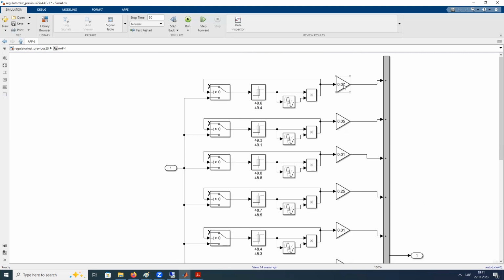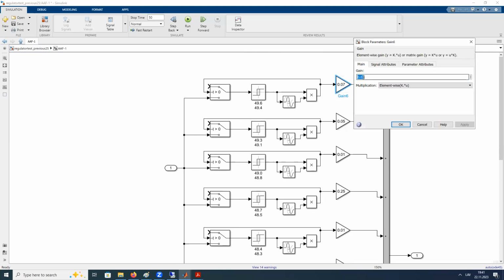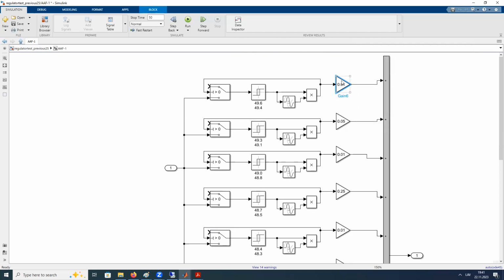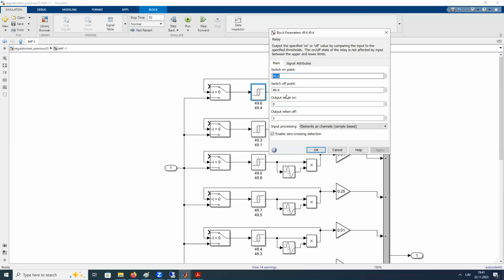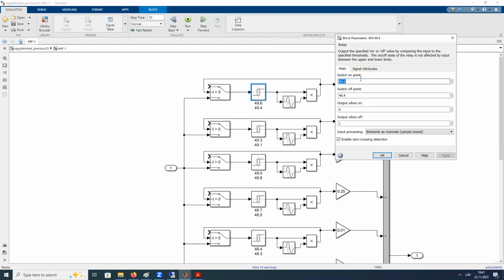Now it's 7%. If you put 1 here, it means it will be 1% only. And this one is a switch: switch on, switch off. But we're interested in this: output on, output off. So it is this one.